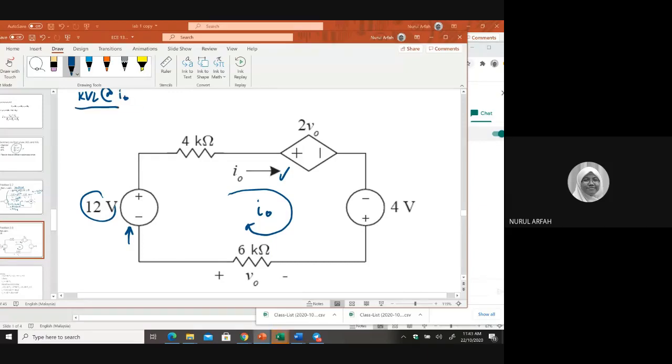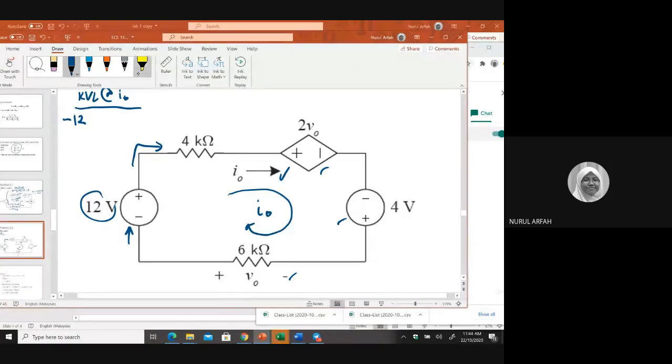Around I naught, how many elements do you have? 5. 1, 2, 3, 4, 5. Yes, 5. So over here you have a negative 12 and then it's 5. What is the voltage drop across 4K?